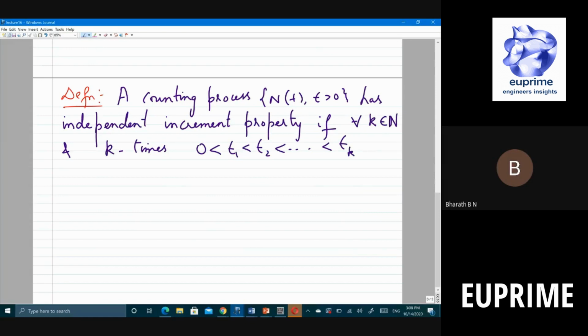You take k arrival instants. Then you look at N of t1, the number of people arrived until time t1, the number of people who arrived in the time interval t1 to t2, and so on, the number who arrived from t(k-1) to tk, are statistically independent.